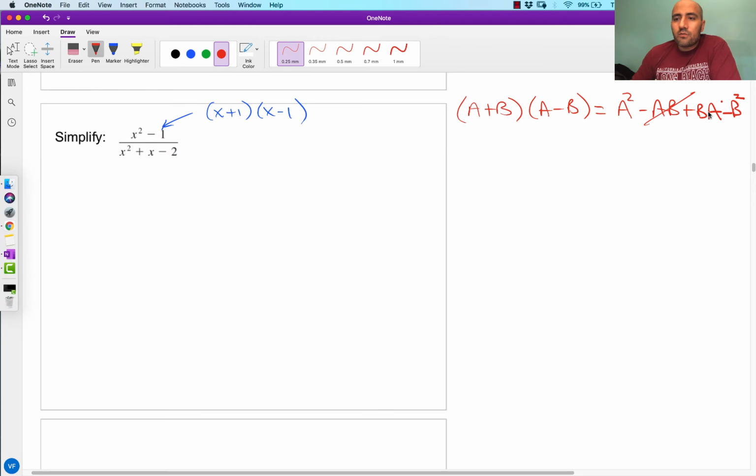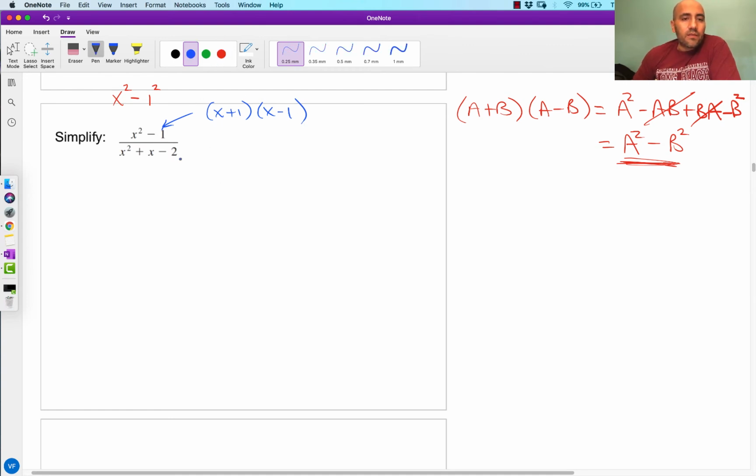And then the middle terms cancel out, and we're left with just a squared minus b squared. So this is what happens when we FOIL it, and now we know that if we want to go backwards, we see this pattern emerge. If we see something squared minus something squared, it can be factored this way. And that's what we have here. Something squared, which is the x squared, minus the 1 squared. So that's why it factors this way.